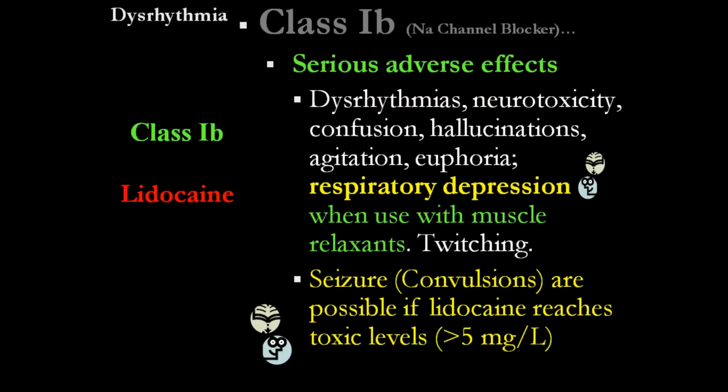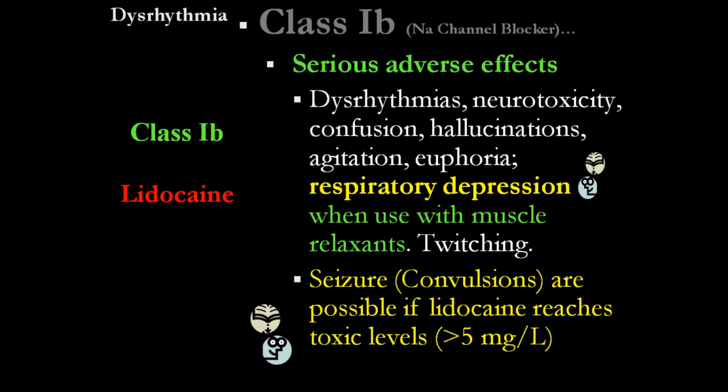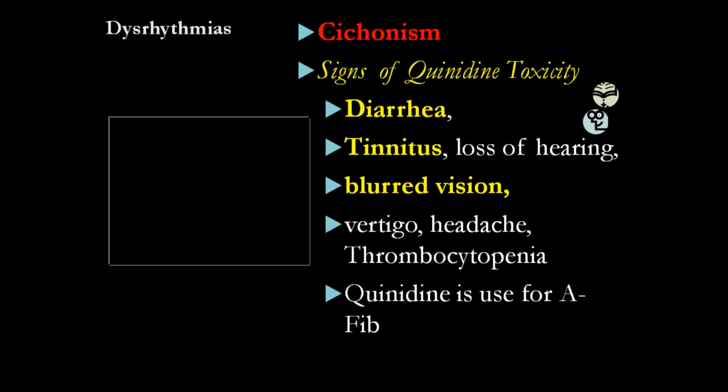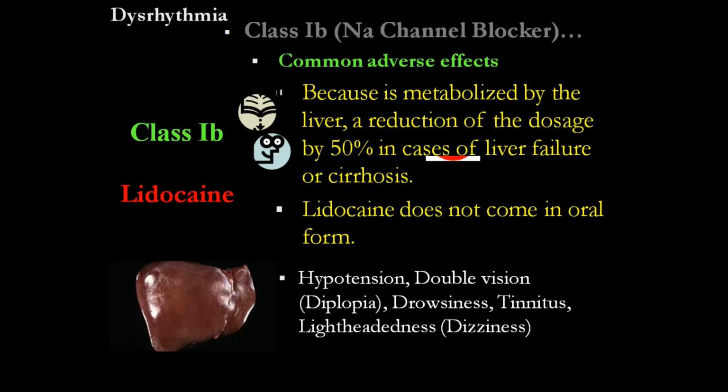All right, so continuing with lidocaine. We're talking about toxic levels, right? In toxic levels, lidocaine is going to cause respiratory depression. That's why we learned about the therapeutic level, 1 to 5 milligrams per liter.